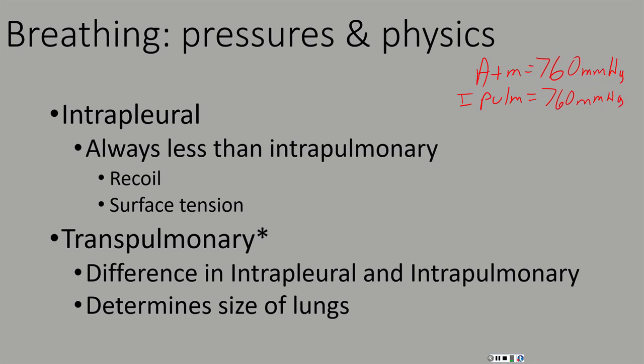Then what would intrapleural pressure be at that same time? It would be about 756 mmHg. Now, that number can be a little bit greater or a little bit less, but it's always about 4 less than intrapulmonary. And that's because of some special features that the lungs have.